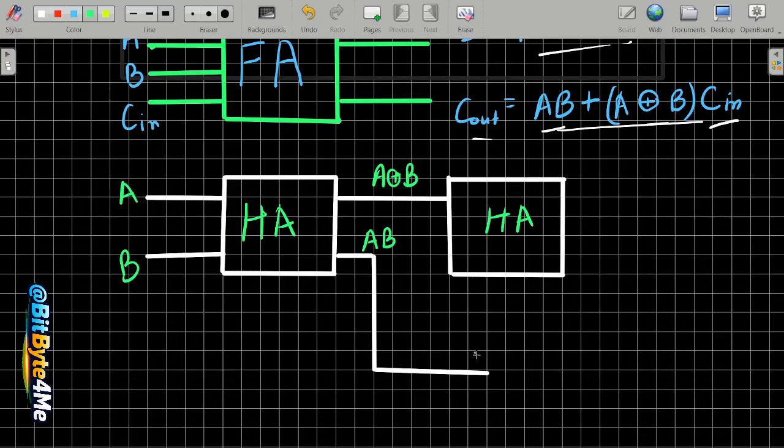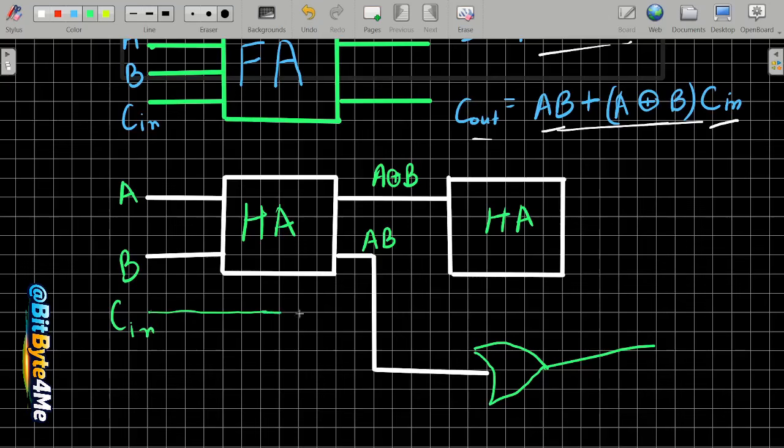We give this to the OR gate, and another input which we want to give is C in.